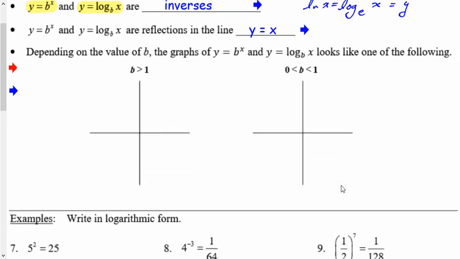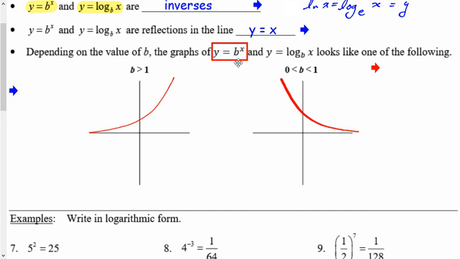As we think about the graphs, first of all, let's think about these two exponential functions. If I have y equals b to the x, and my base is greater than 1, I get exponential growth like this. If my b value is between 0 and 1, I get exponential decay that curves down like this.